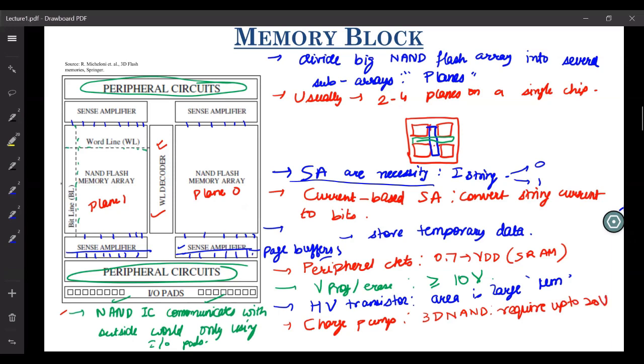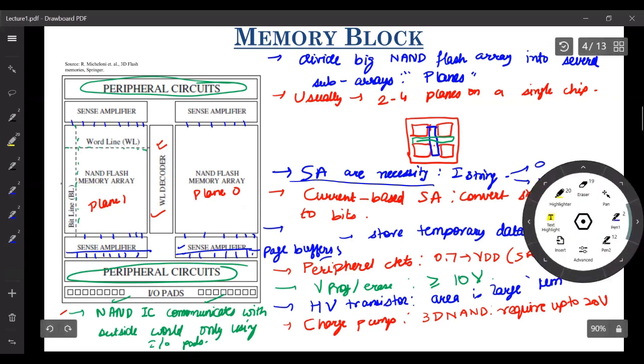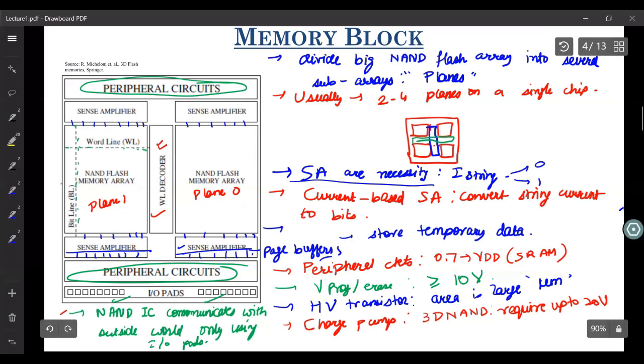So you can understand how large the voltages are that you are playing with when you're using these NAND flash memories. So you need a charge pump that can convert the 5 volts given by your mobile phone battery up to 20 volts.